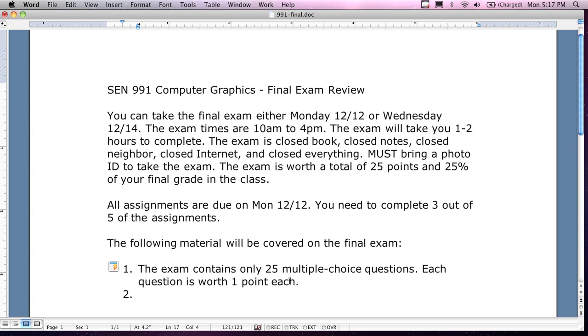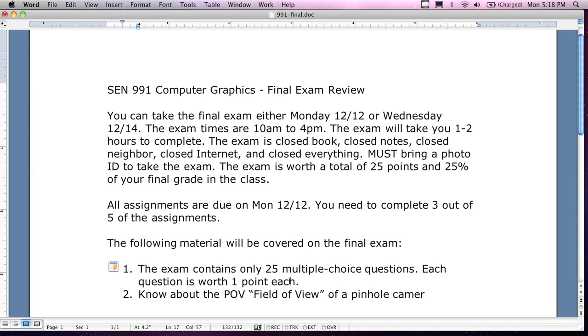Now I'm going to go through each one of the questions. Question number 1 is about the field of view of a pinhole camera. So know about the FOV, which stands for field of view, of a pinhole camera.